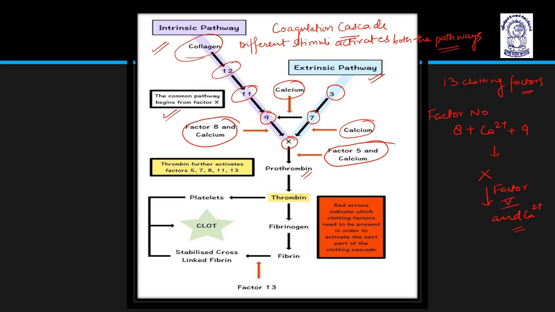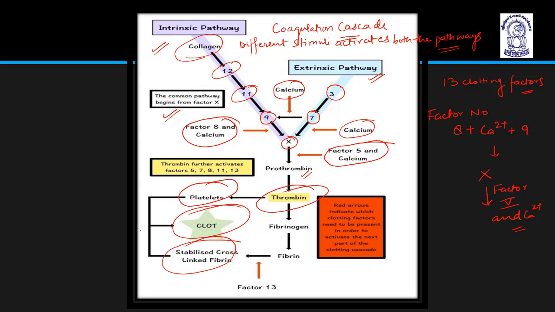Thrombin converts fibrinogen into fibrin. Very important. Thrombin also converts platelets to form a platelet plug, that is the clot, and it helps in the stabilization of cross-linked polymers of fibrin along with fibrin as well.